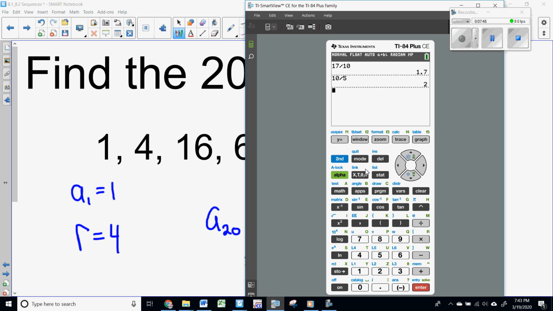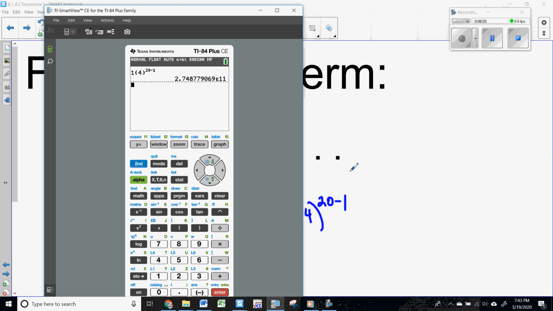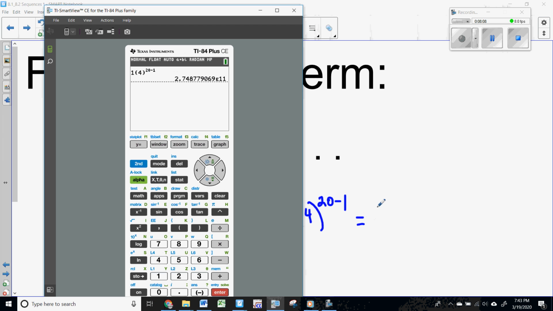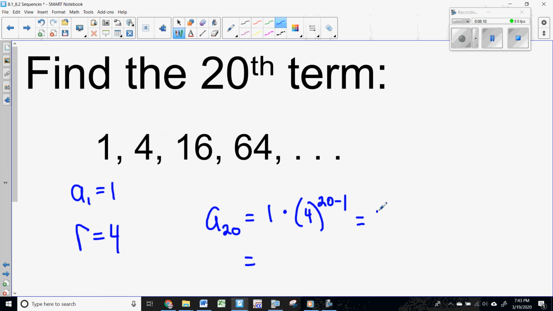So now we go to the calculator, and we're going to type that in just like we saw, 1 times 4 to the 20 minus 1, and we're going to get an absolutely huge number, and that's what we get with 2.748.